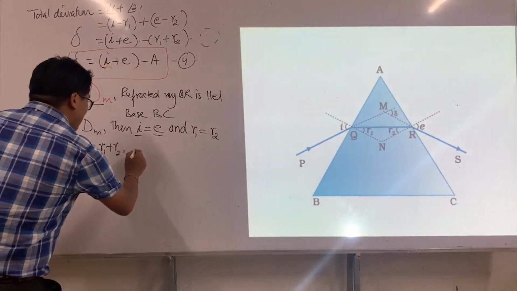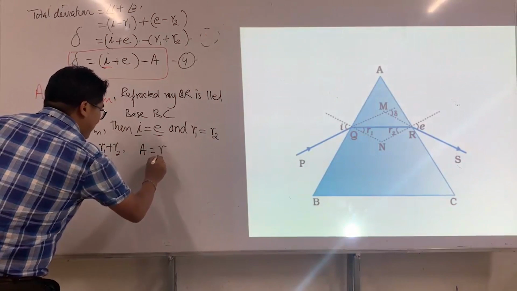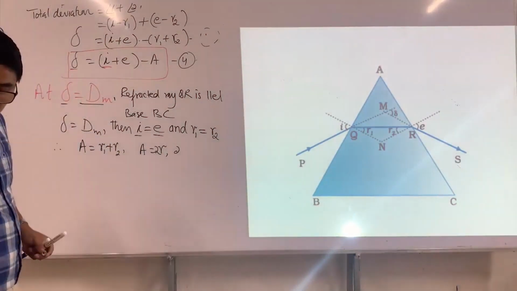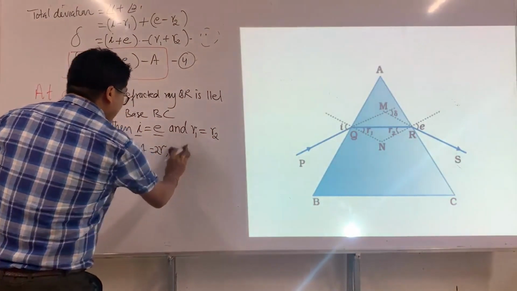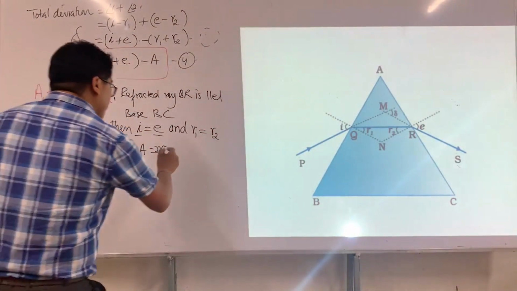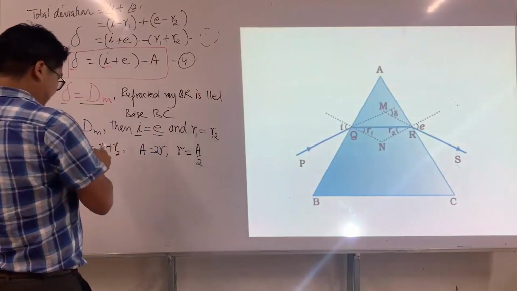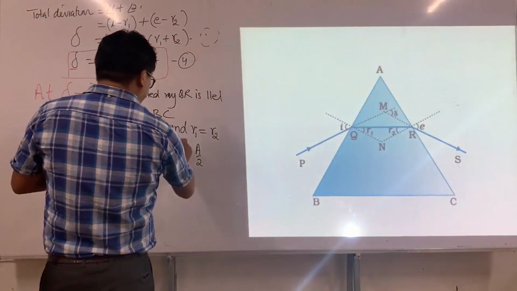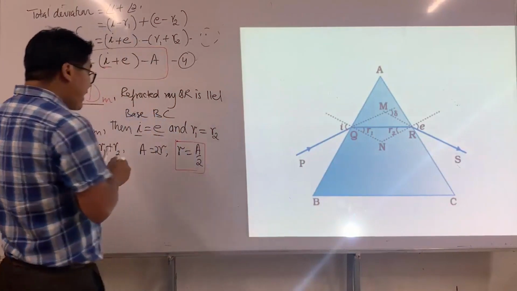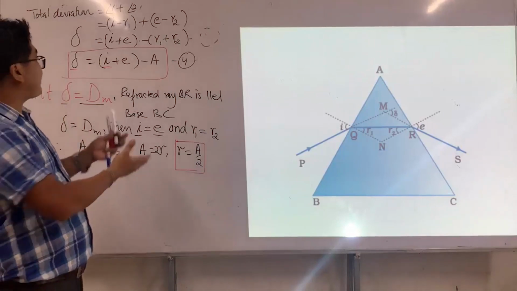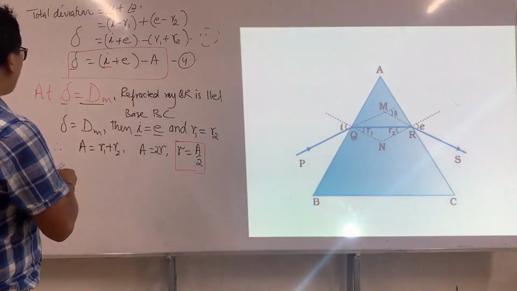Since R1 is equal to R2, A is equal to 2R. Therefore, R is equal to A by 2. This is how we found the angle of refraction, keeping the condition of minimum deviation.